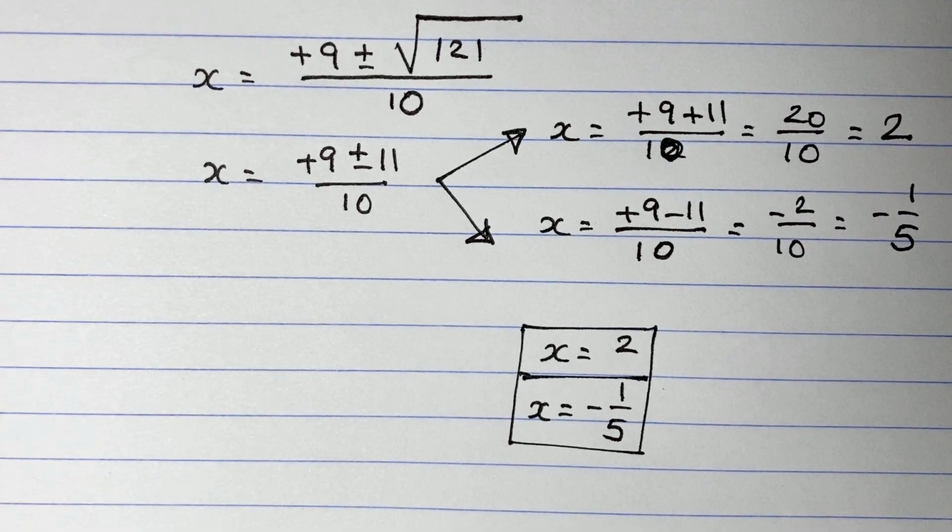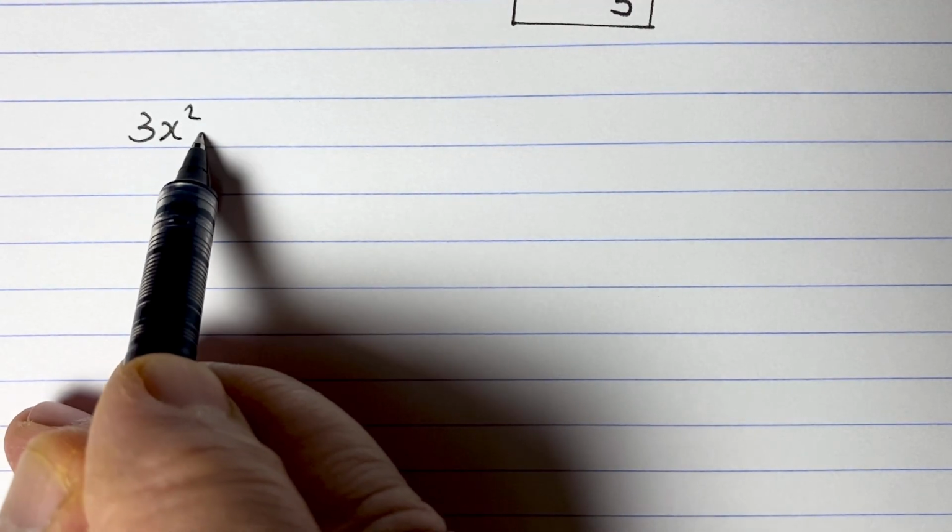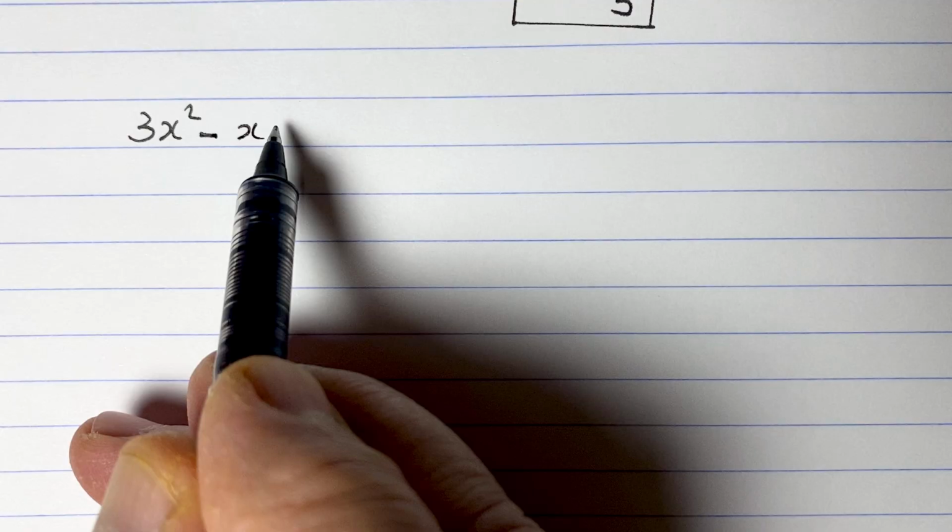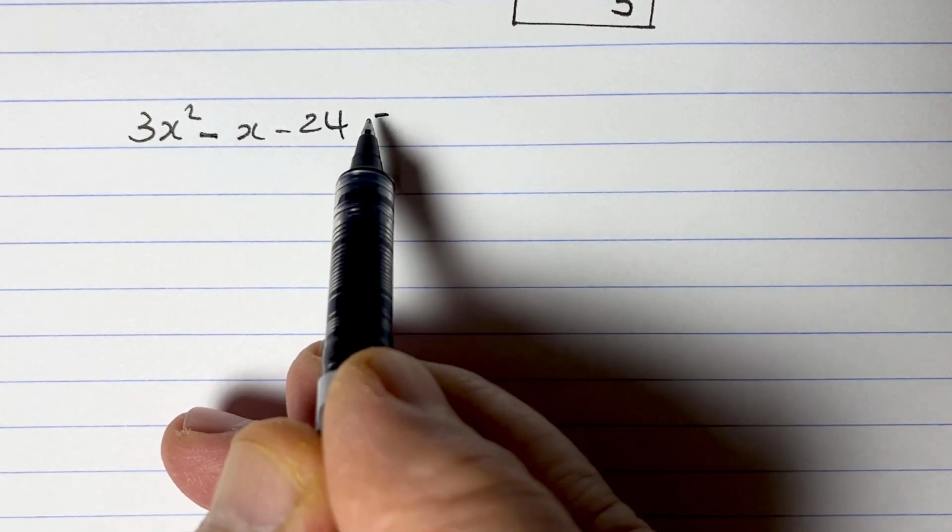with a box around. For the last example I give you, I will use both the method of factorization and the method of using the formula to get the solution to the quadratic equation. 3x squared minus x minus 24 equals 0.